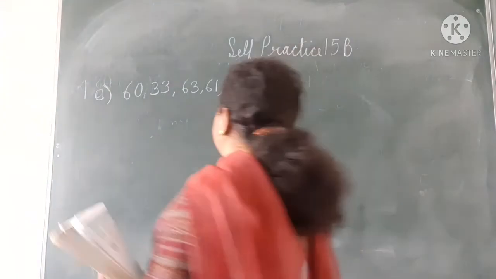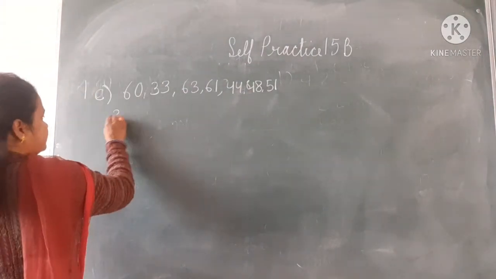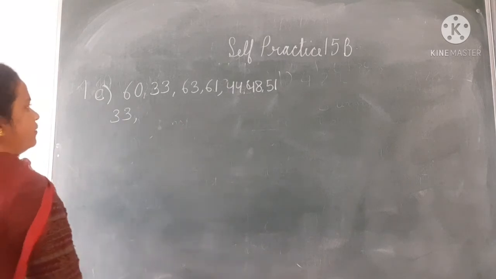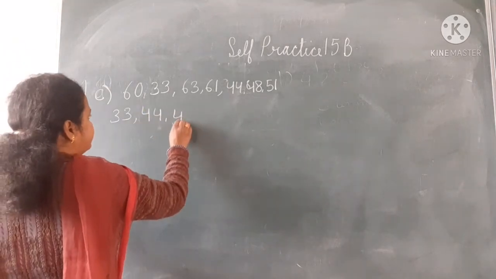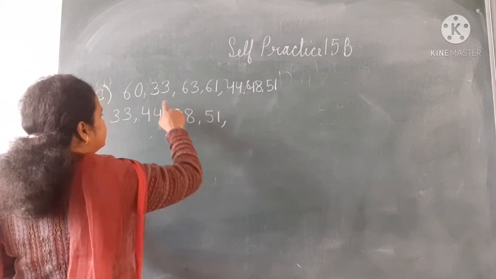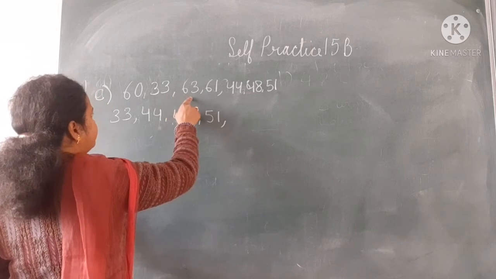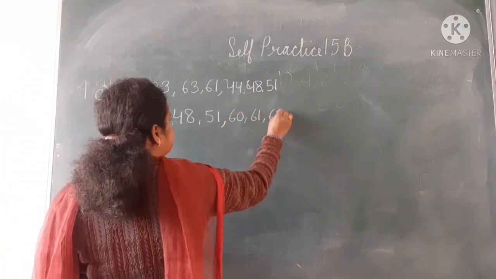The smallest is 33, then 44, 48, 51, 60, 61 and 63.